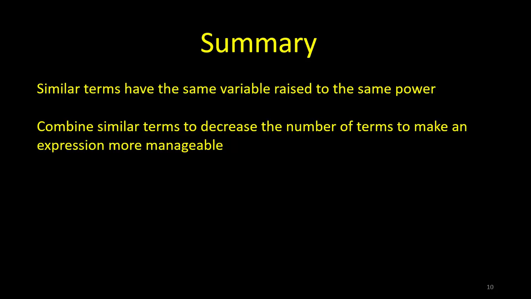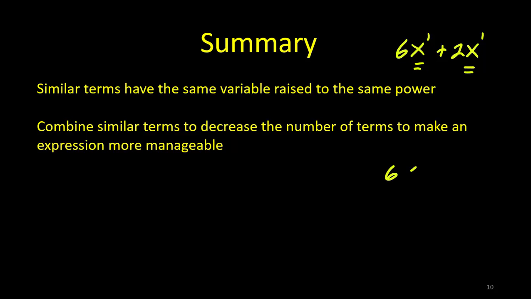So in summary, similar terms have the same variable raised to the same power. That would be something like this, 6x plus 2x. It has the same variable, x in both cases. It has the same power even though it's not listed.